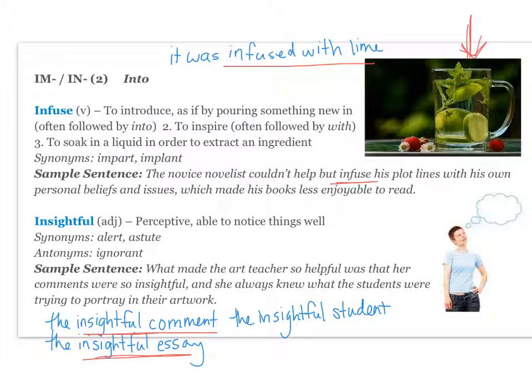Like profound is actually a really good synonym for this too, another word that we've had, so I'll add that there, right? An insightful thought could be a profound thought. Your synonyms here are alert and astute, and your antonym is ignorant. Your sample sentence says, what made the art teacher so helpful was that her comments were so insightful, and she always knew what the students were trying to portray in their artwork.